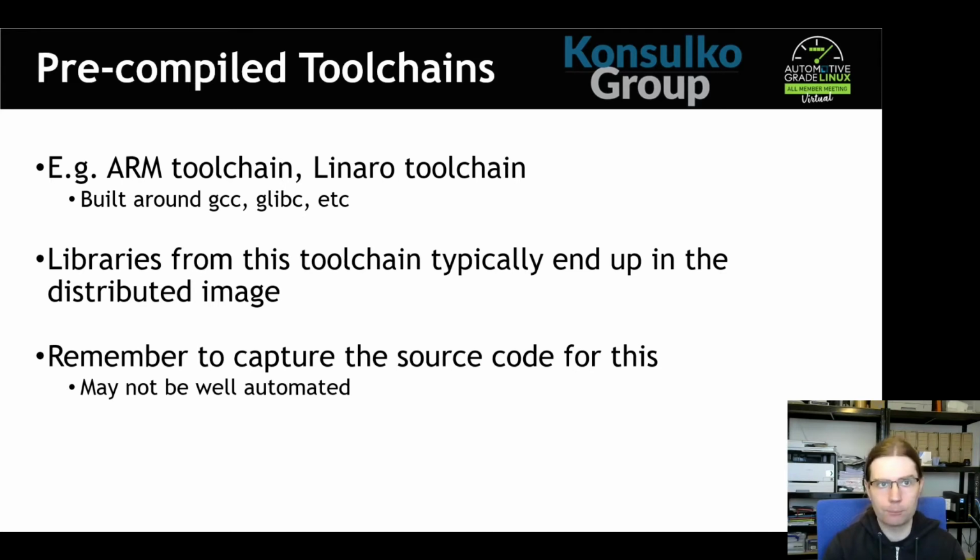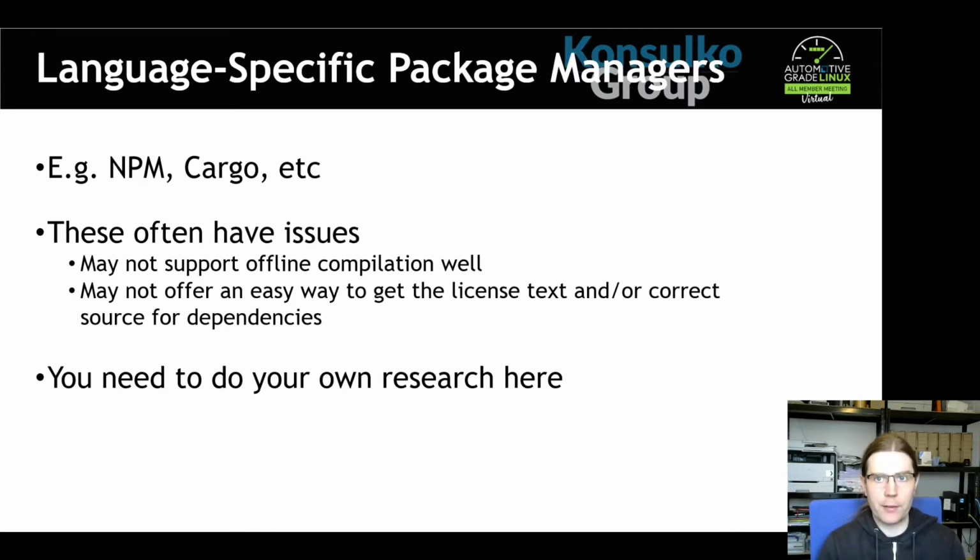So another thing to be wary of is the language-specific package managers you get with some modern programming languages like Node and Rust and Go. So these have package managers like npm and cargo. These package managers often have issues when it comes to license compliance. They often don't support offline compilation well, which makes it very difficult to test that the sources you've archived can rebuild an image.